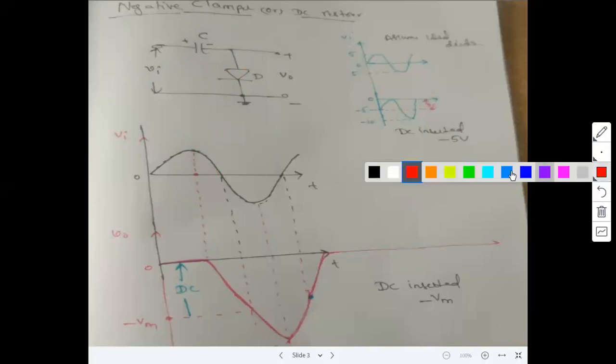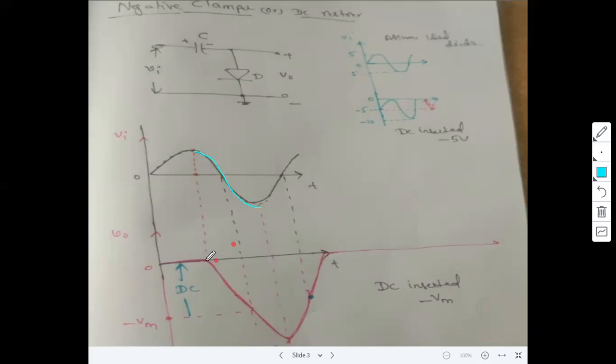Now the signal is transmitted as it is. This entire signal is transmitted as it is here, right? Why? Because the diode is in the off condition. And remember one important point: the diode never conducts once the capacitor charges to 5 volts during the first quarter cycle.